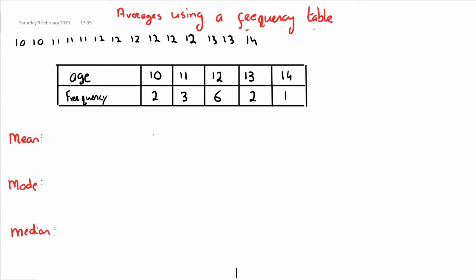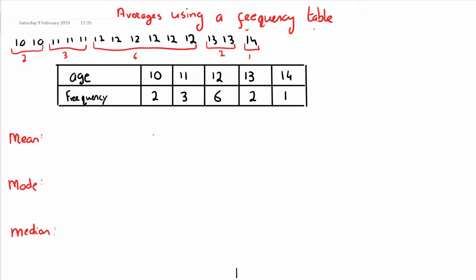As you can see here, we have 2 10s, 3 11s, 6 12s, 2 13s, 1 14, just like we have in the frequency table. This frequency table is the age of students in a class. So there's 2 10-year-olds, 3 11-year-olds, 6 12-year-olds, 2 13-year-olds, and 1 14-year-old.